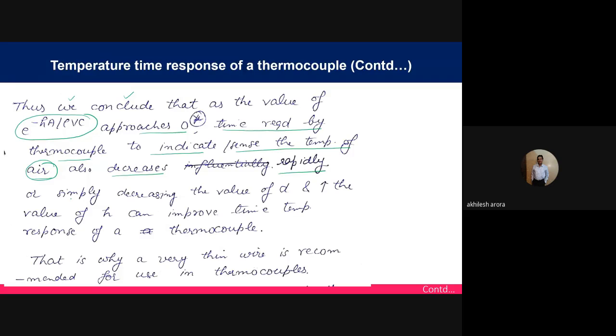Or simply, decreasing the value of diameter and increasing the value of h can improve the time-temperature response of a thermocouple. That is why a very thin wire is recommended for use in case of thermocouples. I hope this part is clear to you. If you have any questions, you can ask.